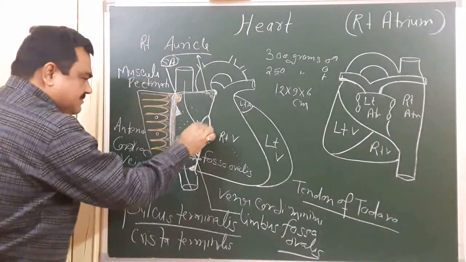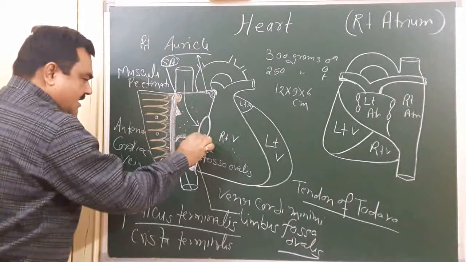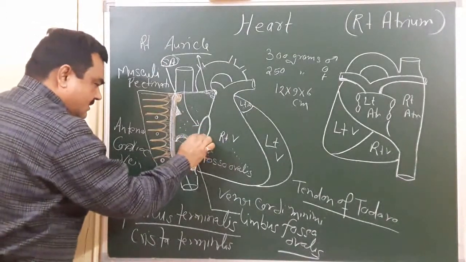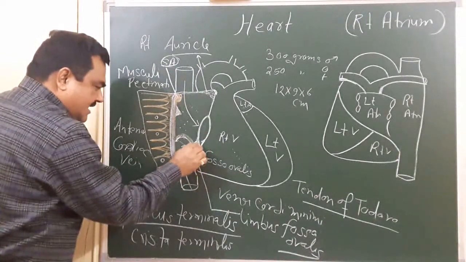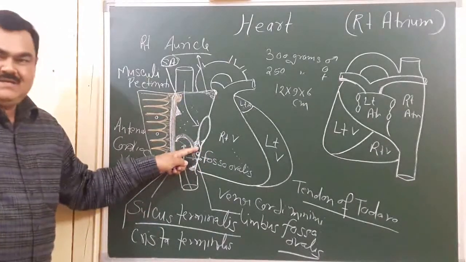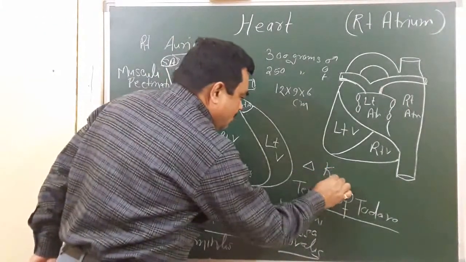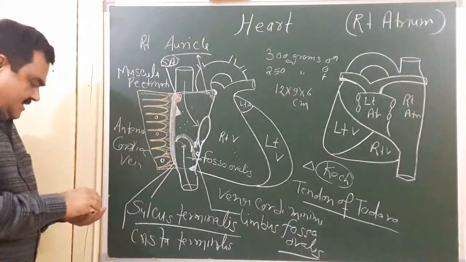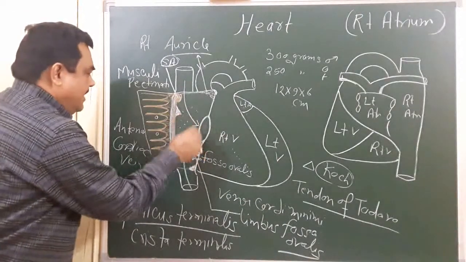Between the septal cusp of the atrioventricular valve and this tendon of Todaro, and the coronary sinus, there is a triangular space here. This is known as the triangle of Koch. This triangle has the AV node.